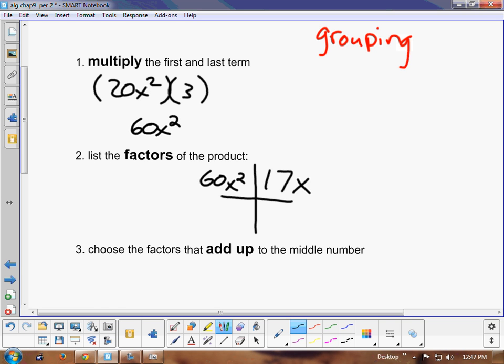They could if one was negative, but we don't have a negative here. Micah, what do you think times what is 60 and adds up to 17? Yes, Micah. 5 and 12, good. 5 times 12 is 60, and 5 plus 12 is 17.